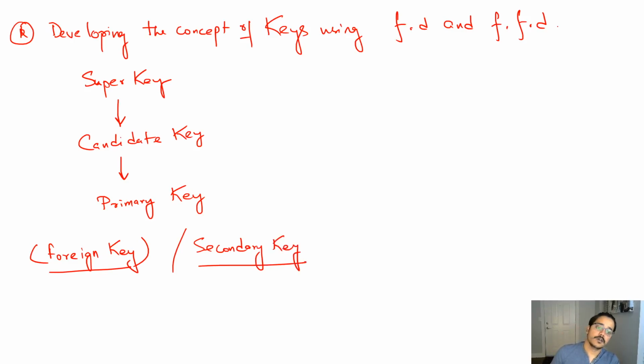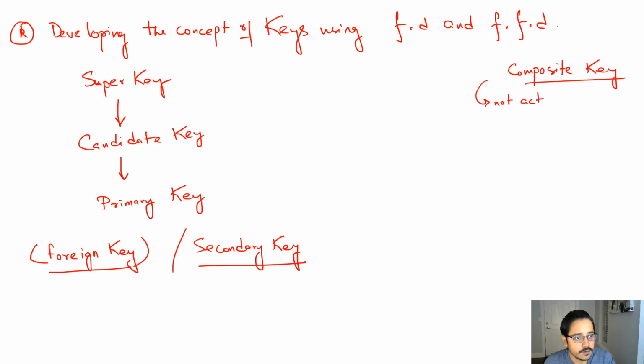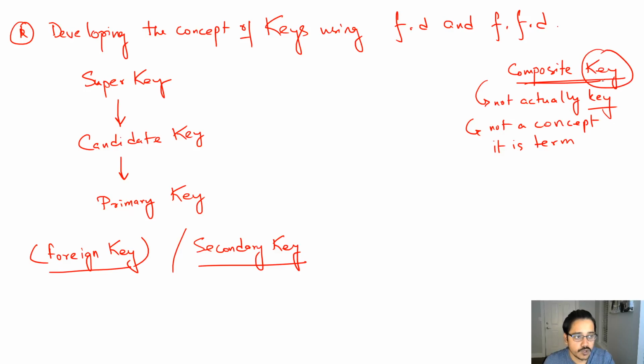Okay. And now don't get confused with this one. If you see this composite key, this is not actually a key. What that means is it is not a concept, it is a term to indicate that if a key is composed of more than one attribute, then that is a composite key.